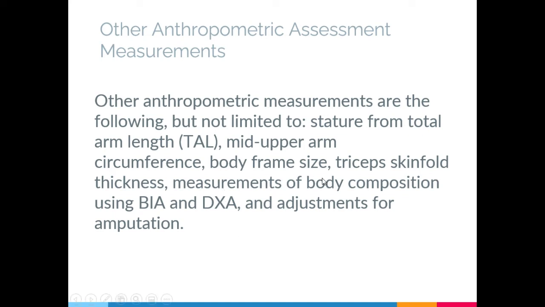We also have body frame size, triceps skin fold thickness. Kaning triceps skin fold thickness, this is just a simple measurement to determine or to estimate the amount of body fat. Okay? Gagamit ta ani og caliper. So, naa tay equipment ani for triceps skin fold. So, you will be able to use this sa inyong assessment nga subject next semester.